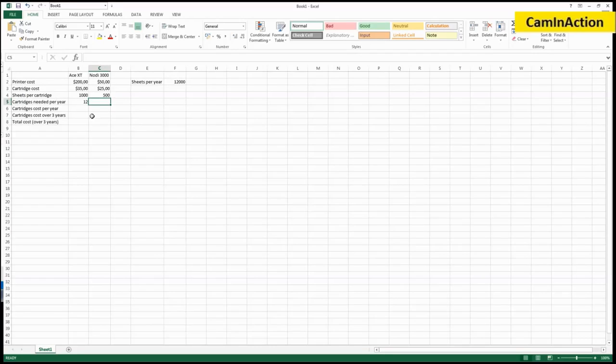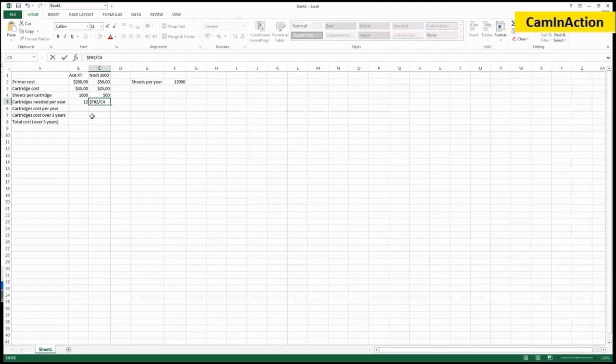Okay, let's go to the second printer to count the same. Actually, you can copy and paste the formula from one cell to another, but I would say that could be a bit more difficult. So let's type again the dollar sign, column F, dollar sign 2, divide by C4.